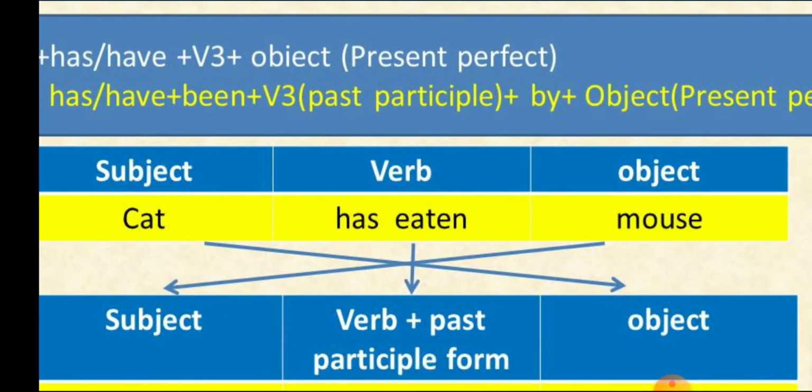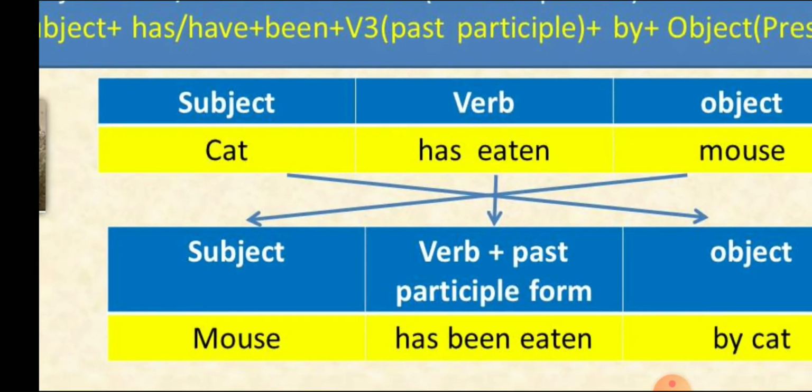How can you identify that the given sentence is in present perfect tense? By observing the auxiliary verb has, had, have. So has, have means it is present perfect, had means it is past perfect. So, a cat has eaten a mouse.